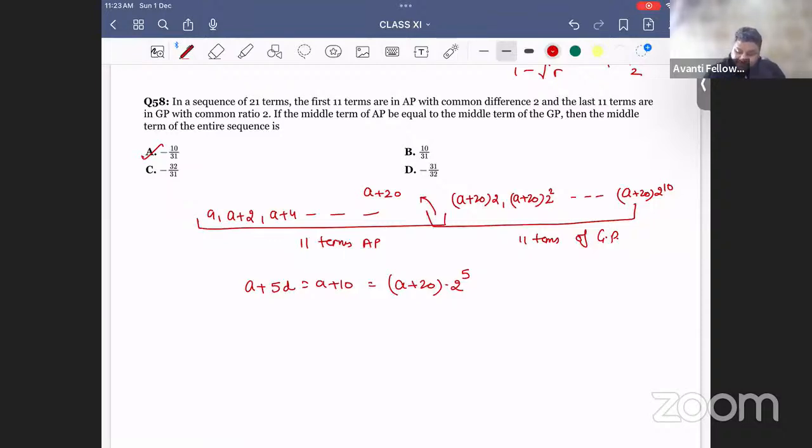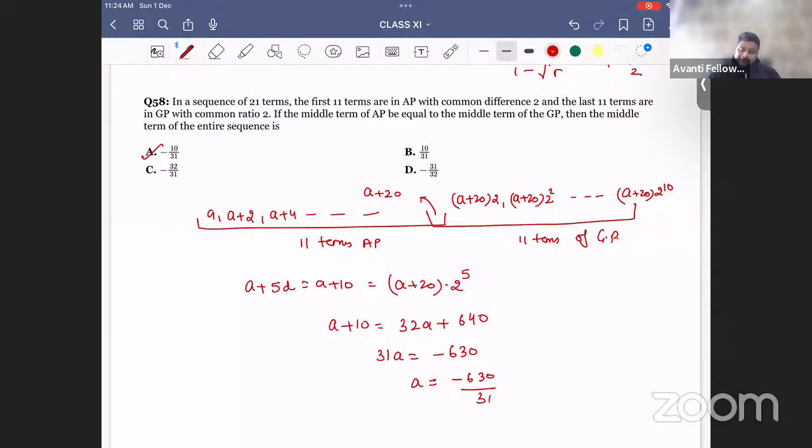So they are same. That means A plus 10 is 32(A plus 20), that is 32A plus 2 to the power 5 into 20, which is 2 to the power 6 into 10, 640. Got it? So 31A is going to be minus 630. So A is going to be minus 630 upon 31.